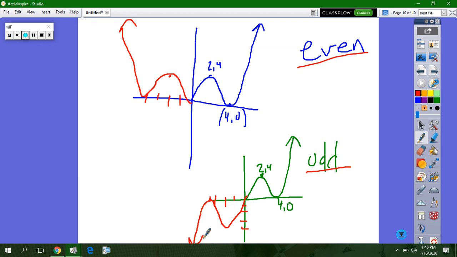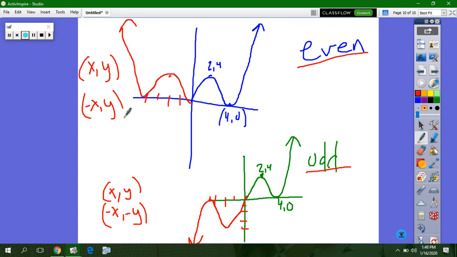So remember the points, if I give you the point x, y, an odd point would be negative x, negative y, right? But if it was even, if I gave you x comma y, you would do negative x comma y as the point. Make sense?